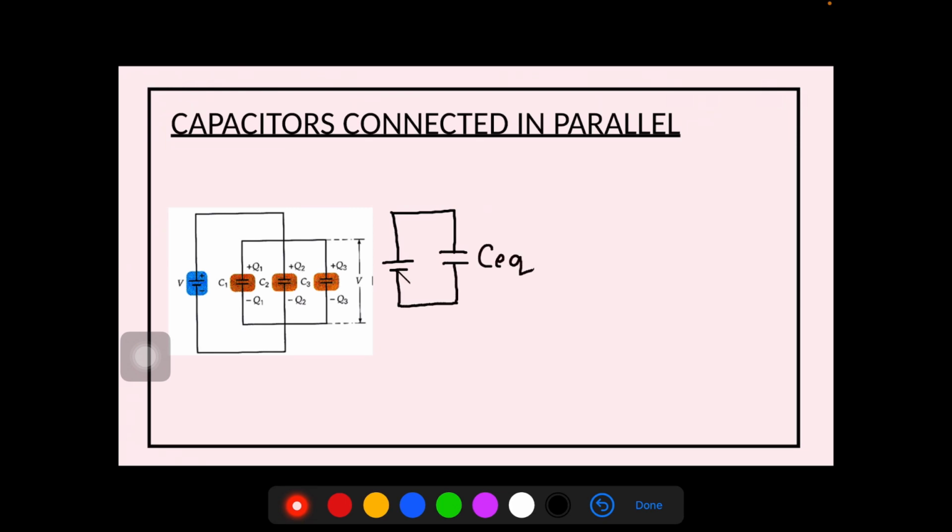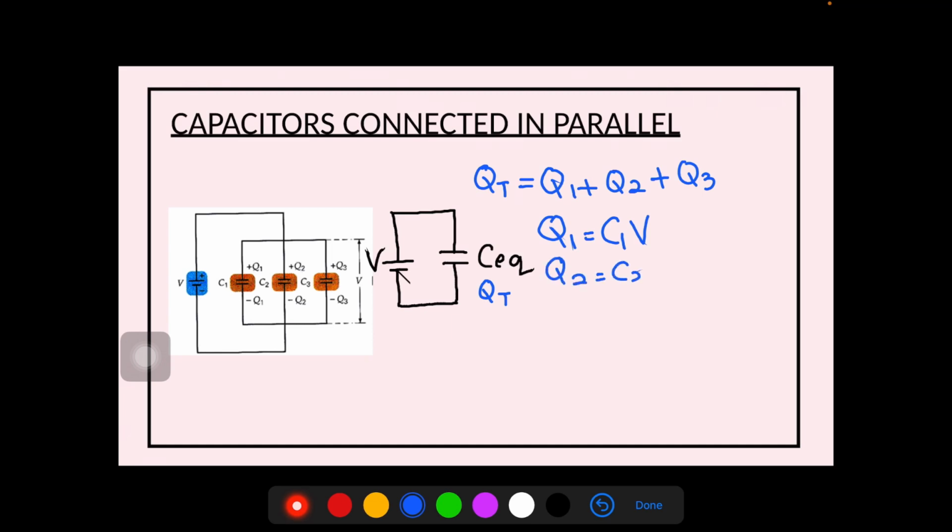This one is C equivalent with V. For parallel combination, Q1 plus Q2 plus Q3 is equal to Q total, the Q total at C equivalent. Q1 is equal to C1V, Q2 is C2V, and Q3 is C3V.